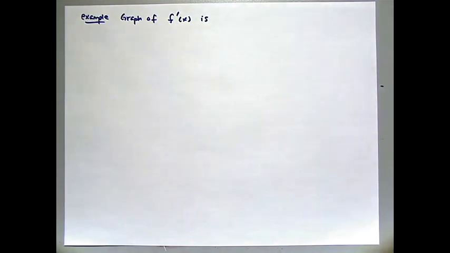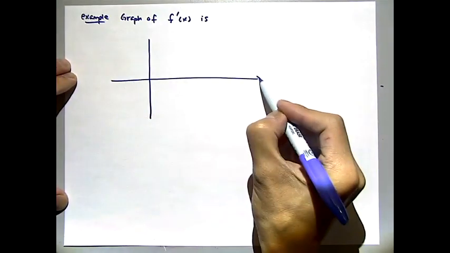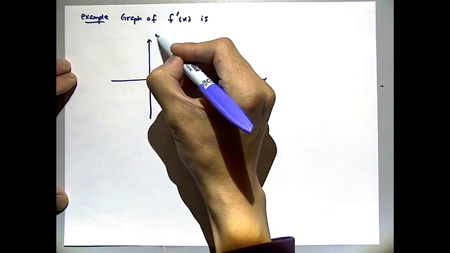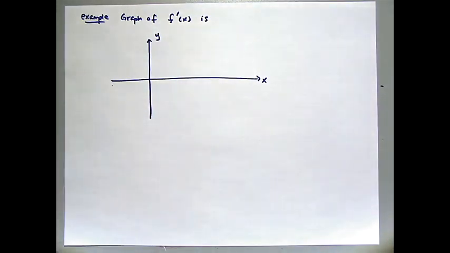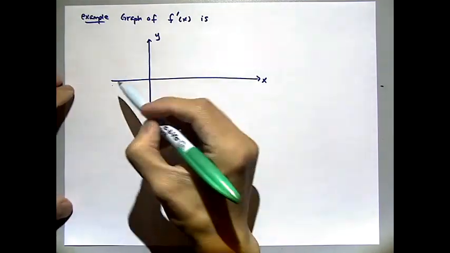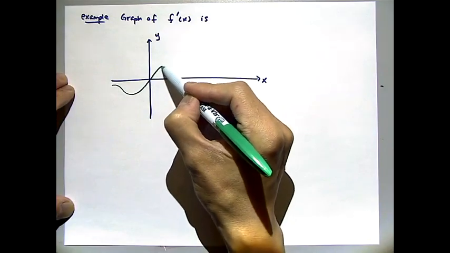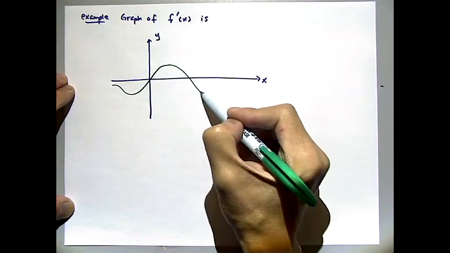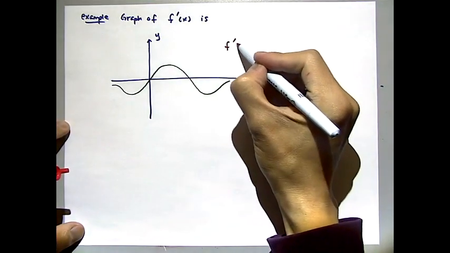Here we're going to start with a graph of f prime, not the function itself, the graph of f prime. Remember, this is a graph of f prime of x.